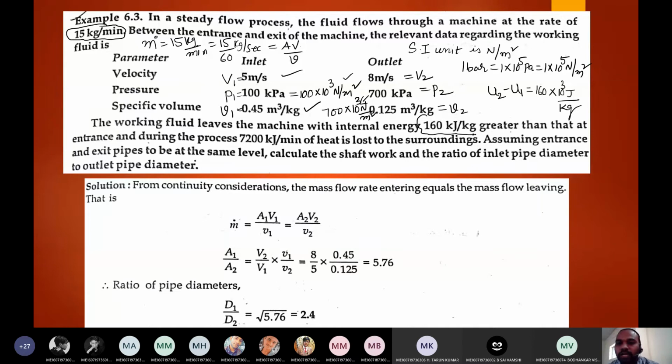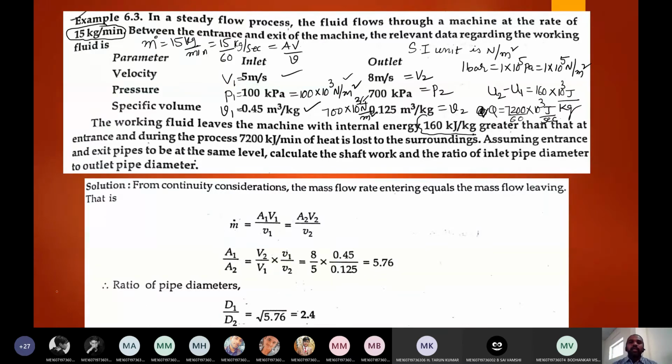Heat lost to the surroundings is negative. It is not per kg, so it is capital Q. Capital Q equals 7200 kilojoules per minute, therefore divided by 60 into 10 power 3 joules per second. This is the SI unit.